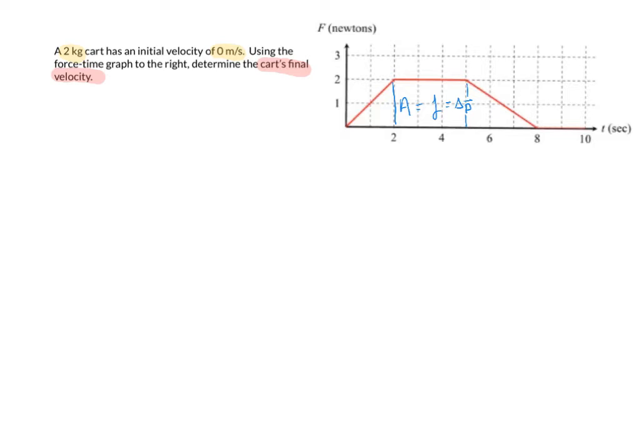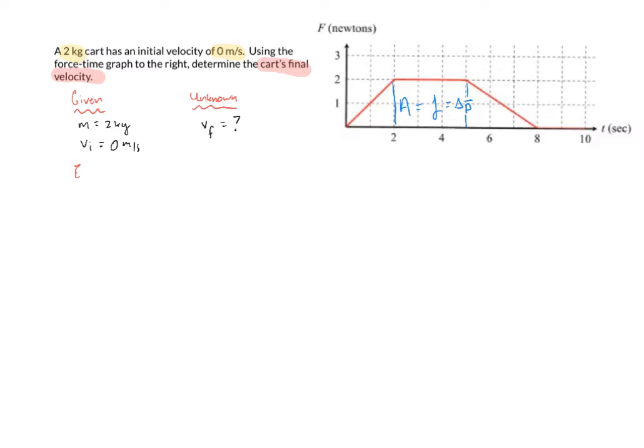I'm going to start by listing out my givens. My givens are the mass of the cart is 2 kilograms, and the initial velocity is equal to 0 meters per second. My unknown, moving forward, is the final velocity of the cart, because we know its mass is not going to change.